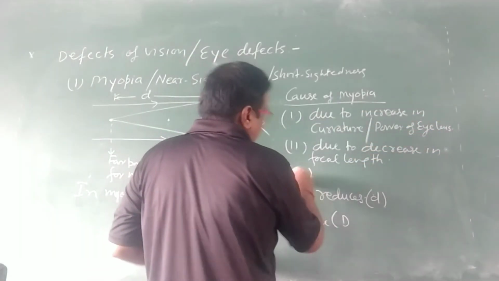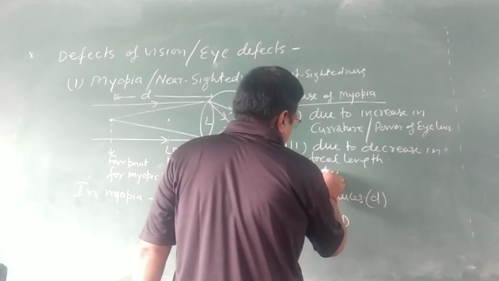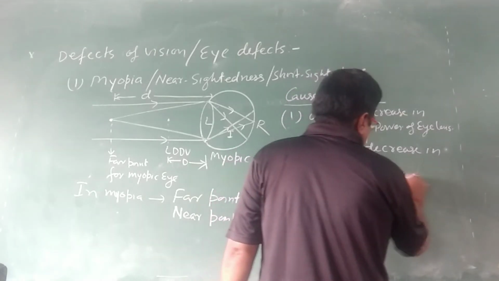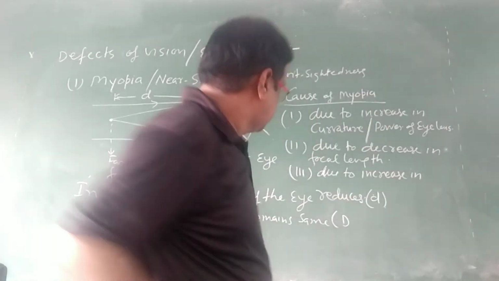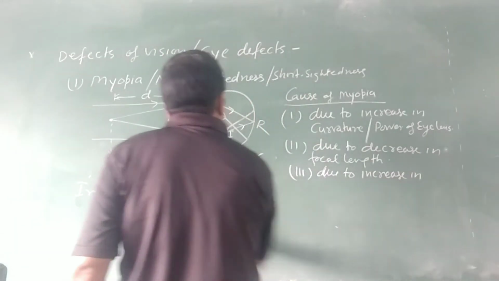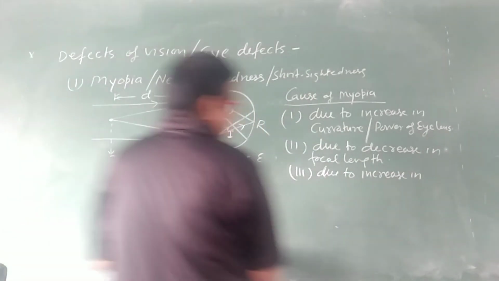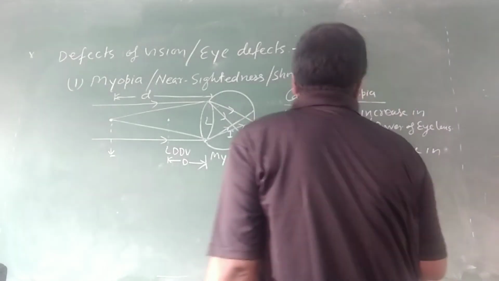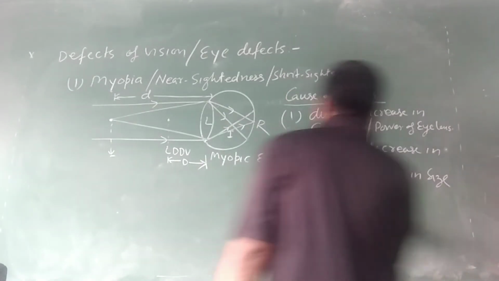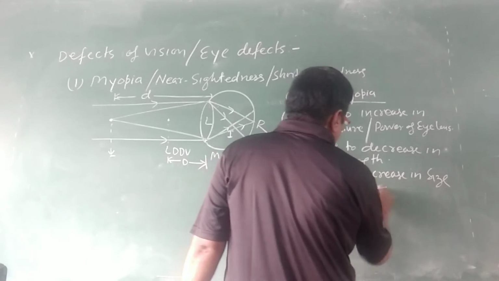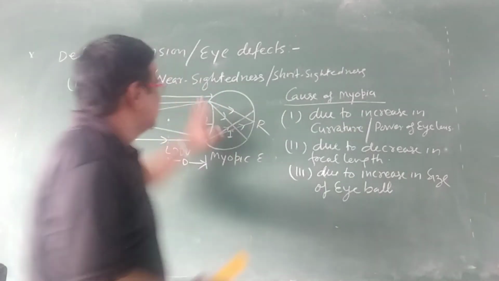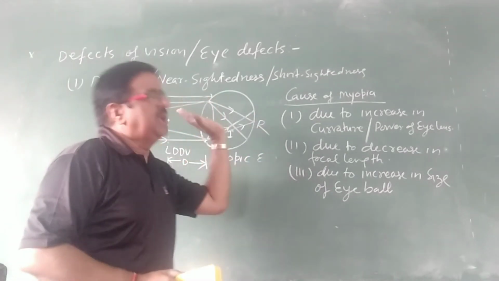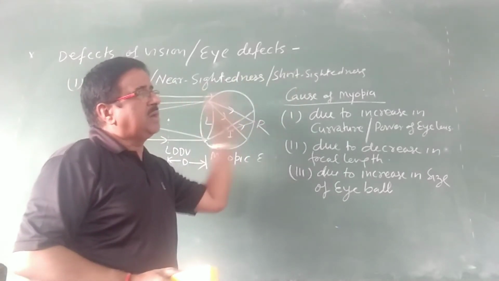So the third point you may write, due to increase in size of the eyeball. Due to increase in size of the eyeball, the image will be formed before the retina. The retina has now elongated, it has been pushed back.